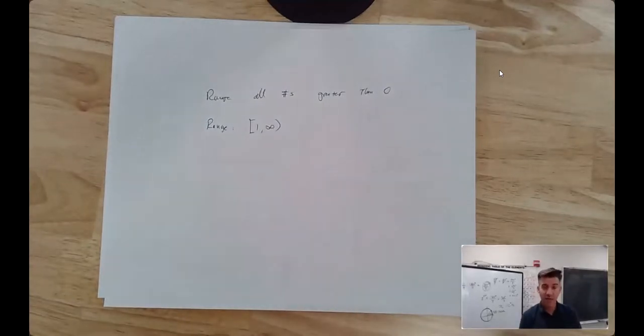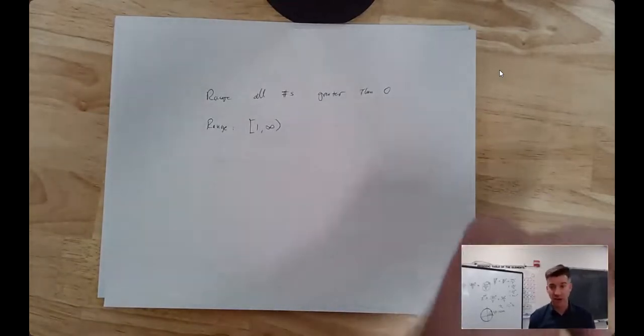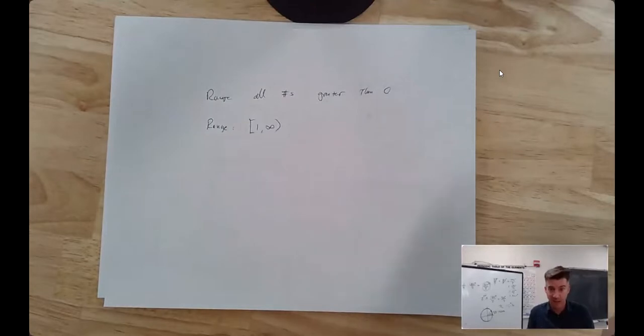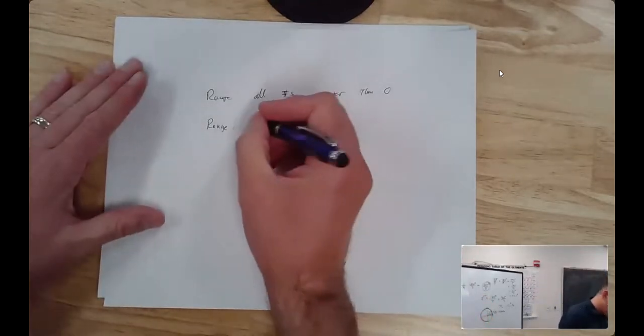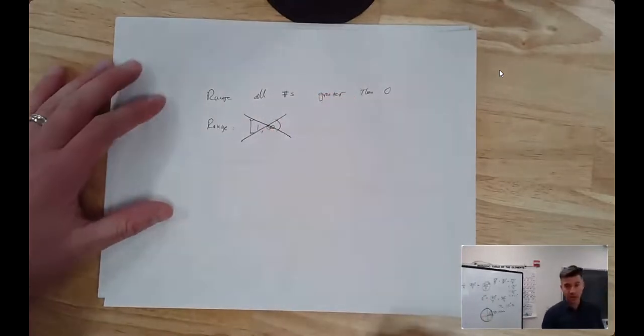But that's leaving off a lot of numbers. It's leaving off everything between 0 and 1, like 1/2 and 1/3 and 1/5 and 1 over pi and anything like 0.997. So what I'm trying to say here is don't limit your thinking to only integer numbers. If you want every real number that's greater than 0, you need all the fractions and irrational numbers between 0 and 1 as well. So the range is not everything from 1 inclusive to infinity.